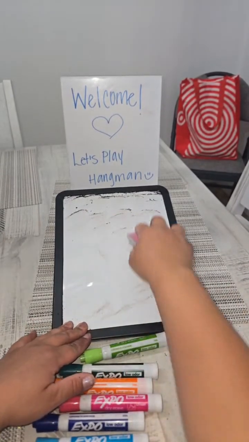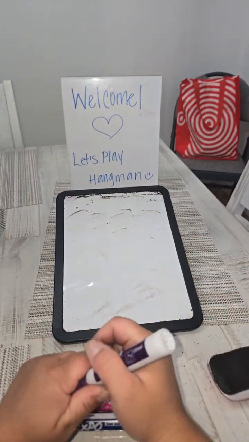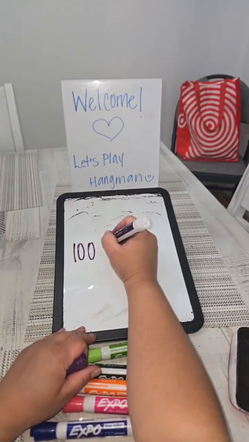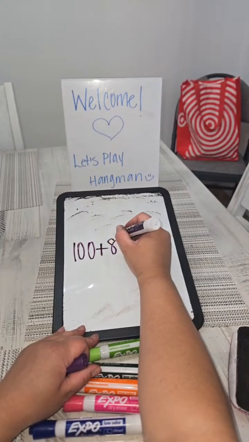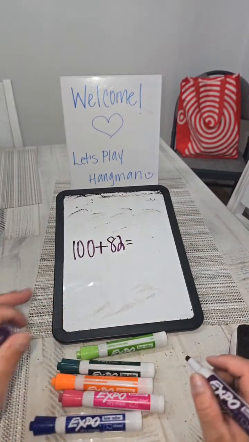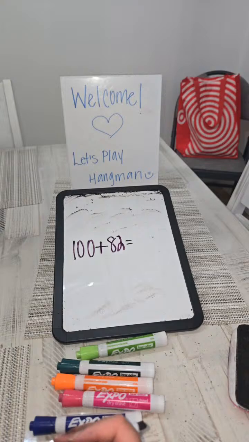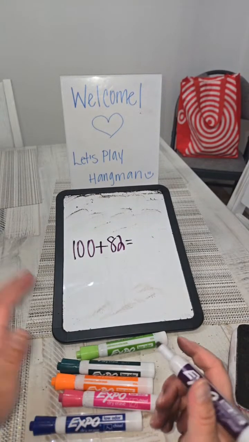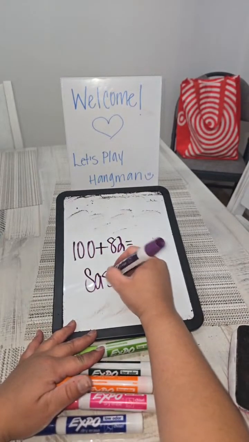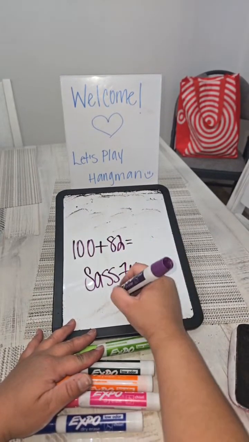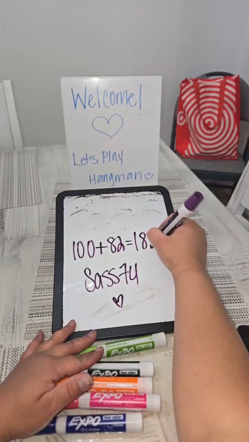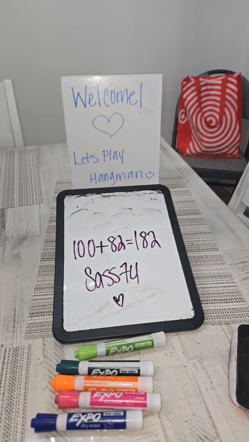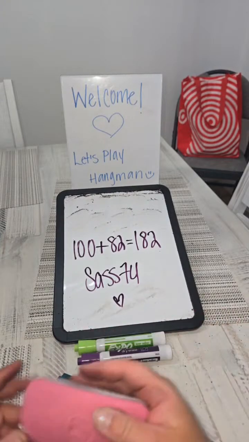All right. What is 100 plus 82? What is 100 plus 82? SAS 74 came through and said 182. All right.